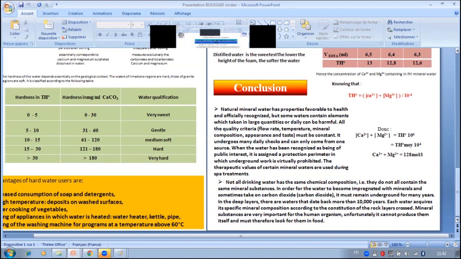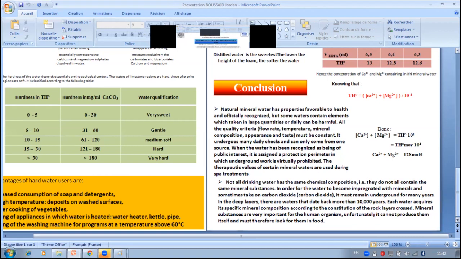In the deep layers, there are waters that date back more than 10,000 years. Each water acquires its specific mineral composition according to the constitution of the rock layers crossed.